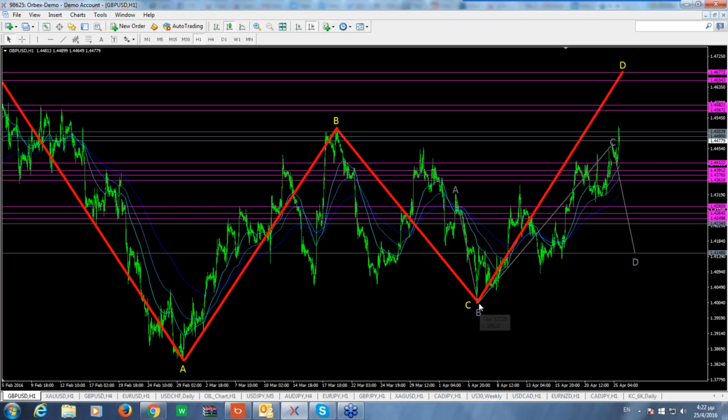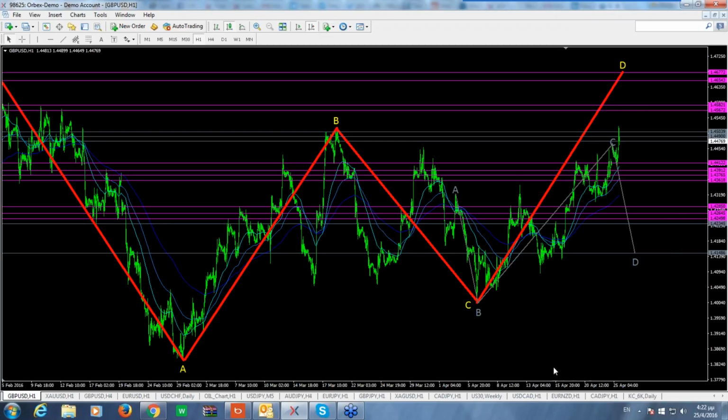So you are aiming at trading from C to D and also D to E. We usually aim really small, not a huge number of pips, between 60 to 80 on one leg and then another 60 to 80 on the other leg.